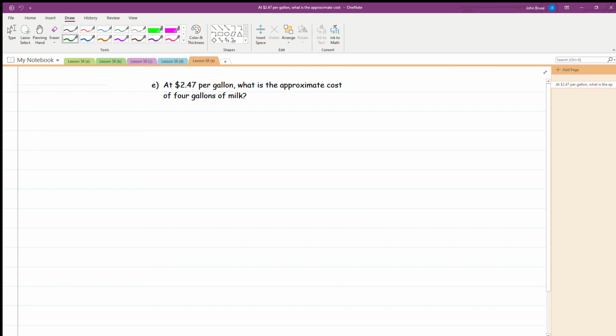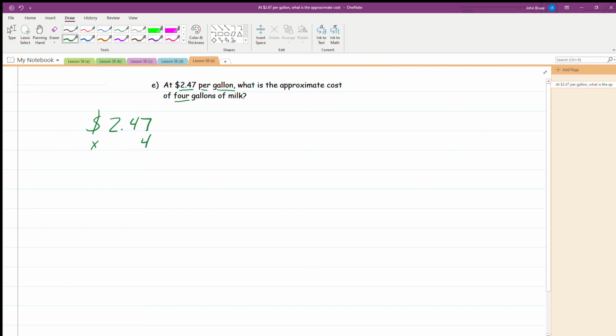It says at $2.47 per gallon, what is the approximate cost of 4 gallons of milk? Well, it's going to be $2.47 per gallon, and we're going to be buying 4 gallons. So we could do $2.47 times 4.